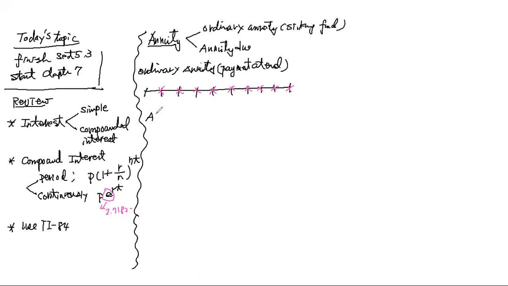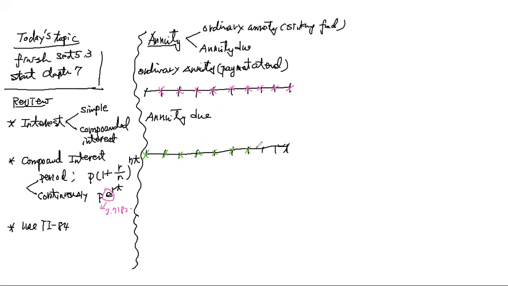The other one here is what we call annuity due. The annuity due is similar. If you have a certain period, here 1, 2, 3, 4, 6, 7, 8, then you deposit at the beginning. That's what we call annuity due.